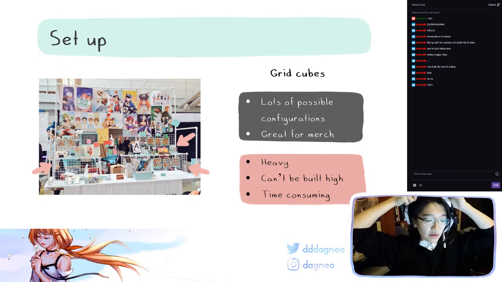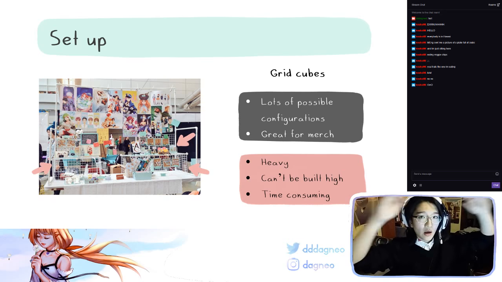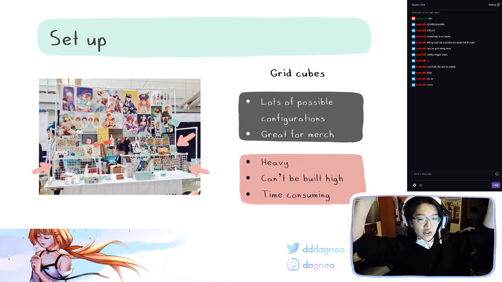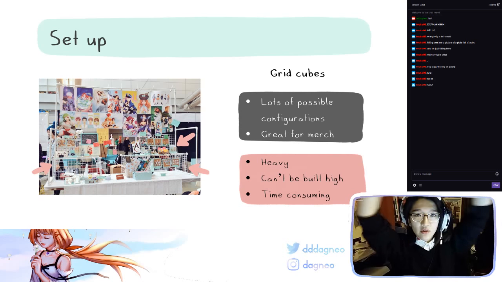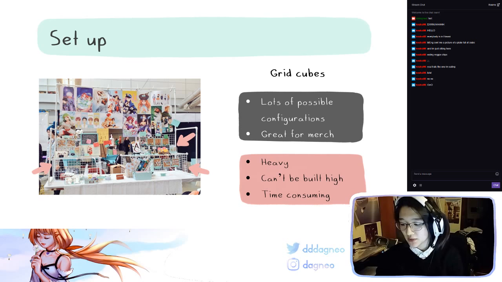You can't build it beyond like 5 feet, I think. Beyond that, because all of the pieces are very heavy, it starts to kind of buckle in on its own weight. So that's something that you might need to watch out for.